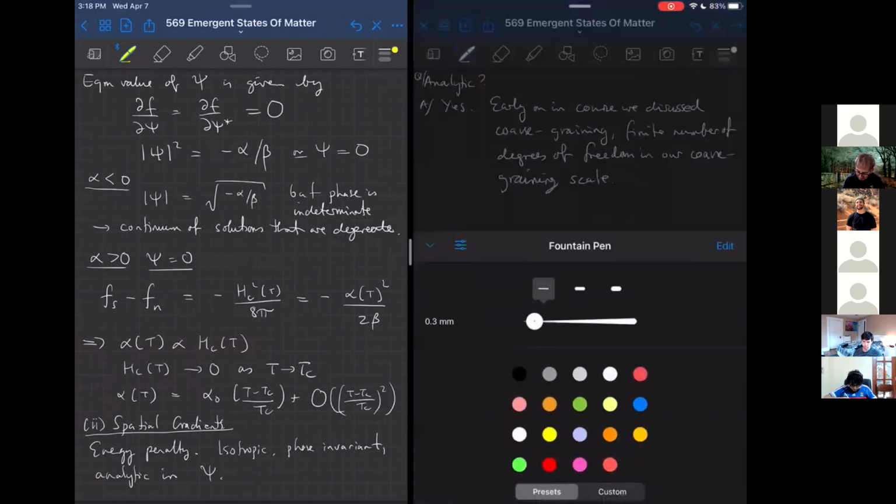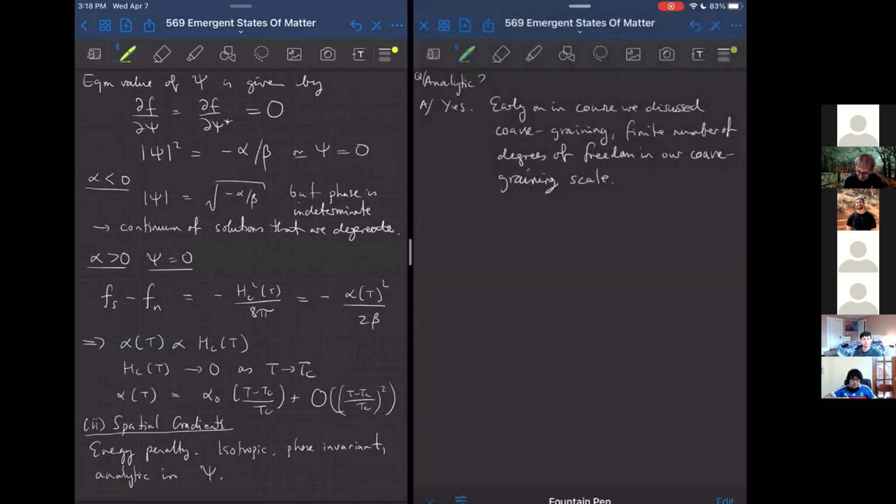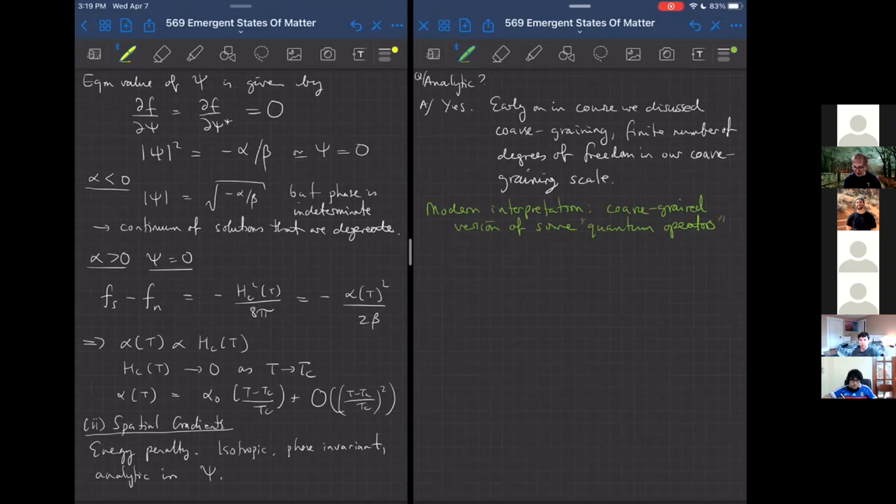So today we would interpret psi as a coarse grained version of some quantum operators, because I'm not going to be very specific.